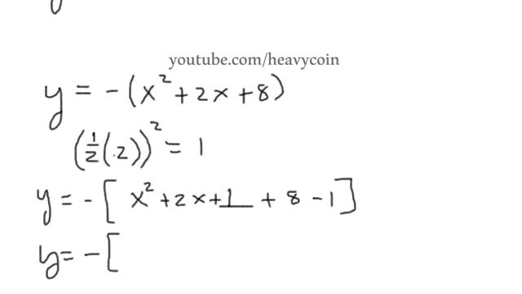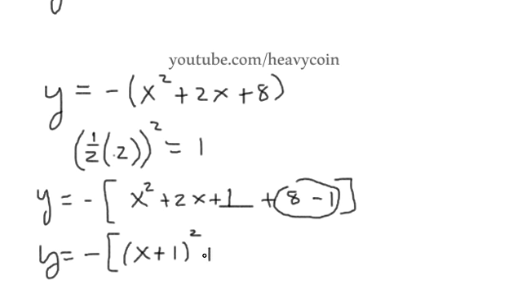Now I'm going to start parentheses, x, we take half of this, so that leaves us with 1, squared. Then we take this number here, put it here, so 8 minus 1 is 7.